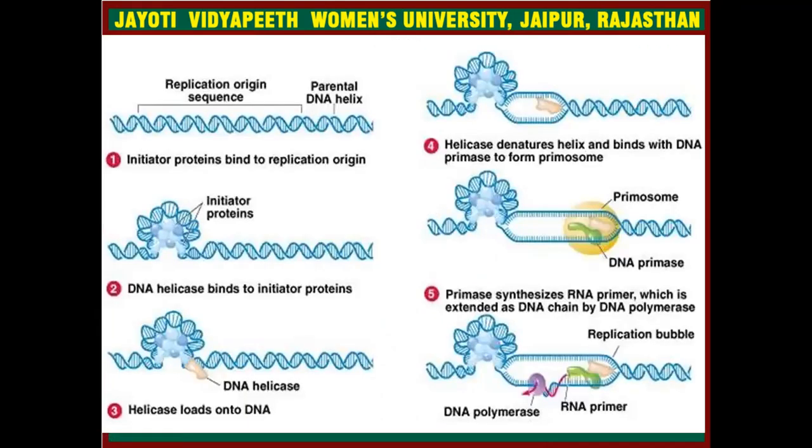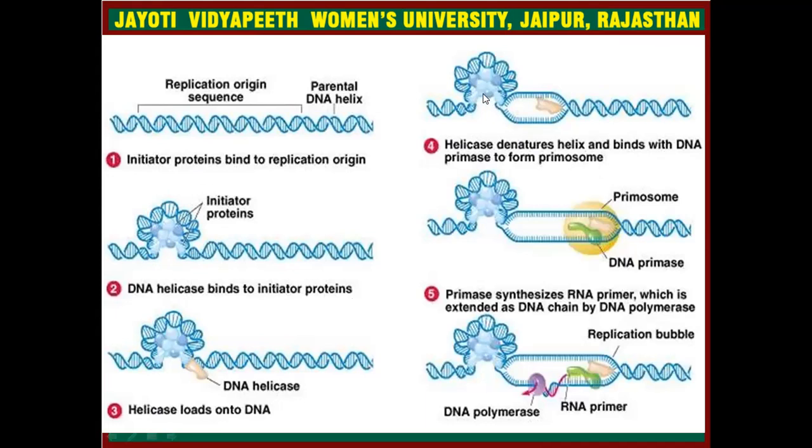Here you can see in detail, initiator proteins bind to the origin of replication, and then helicase binds to the initiator proteins. Helicase loads onto DNA, denatures the helix, and binds with DNA primase to form the primosome.